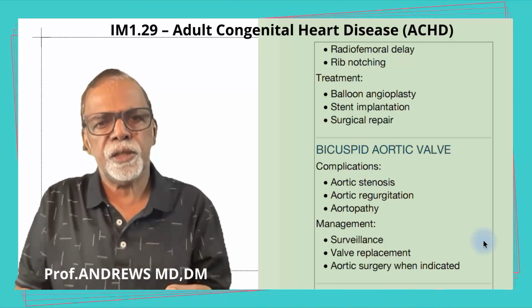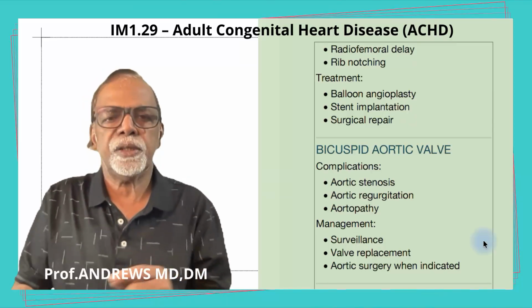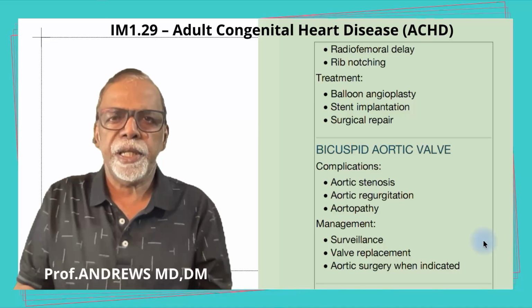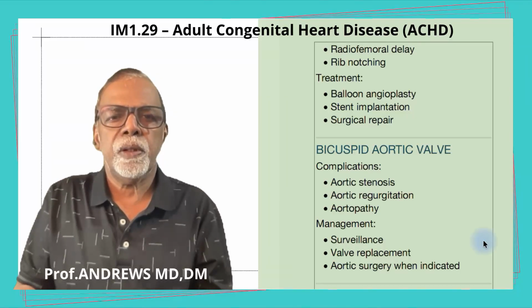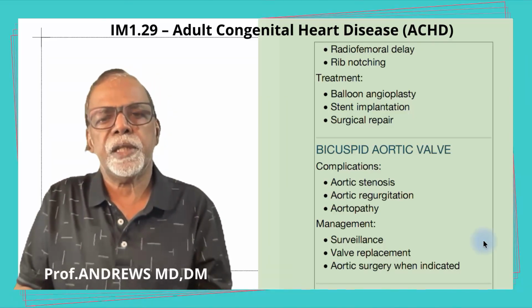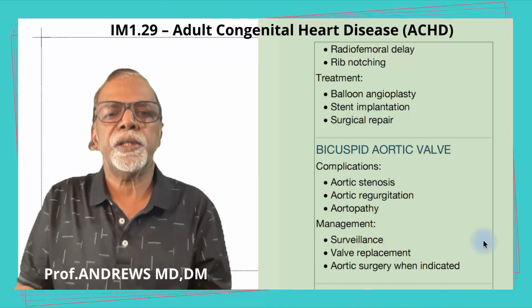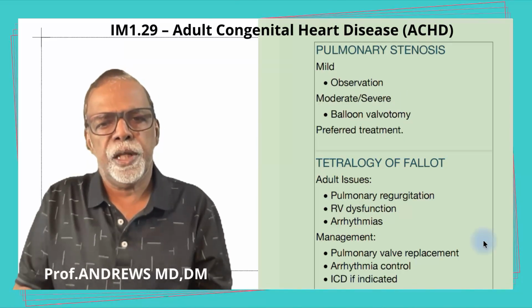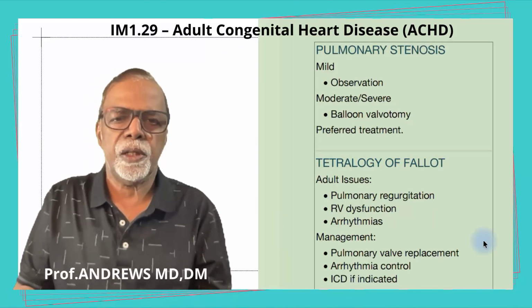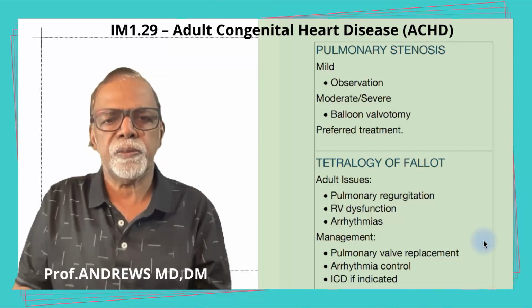Treatment is balloon angioplasty, stent implantation and surgical repair. In bicuspid aortic valve, the patient can develop aortic stenosis, aortic regurgitation. Management is surveillance, and if required valve replacement.